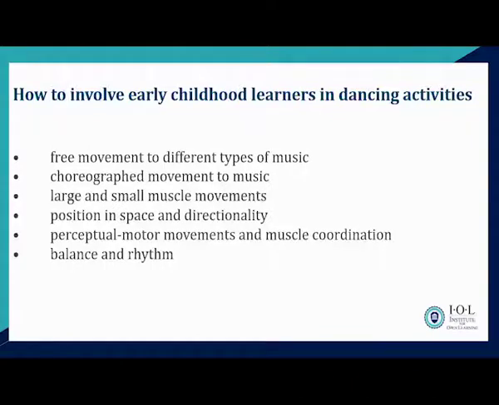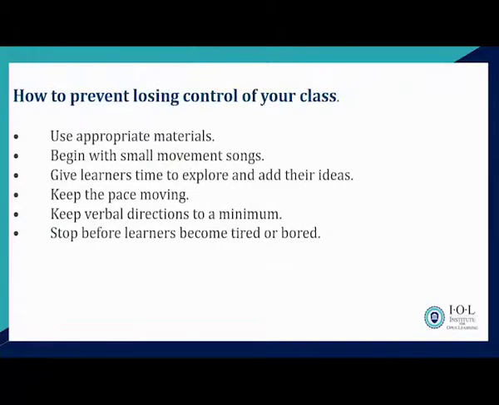Free movement to different types of music. Those are the activities that early childhood learners are involved in. Choreograph movement, large and small muscle movement, etc. You can read the rest.